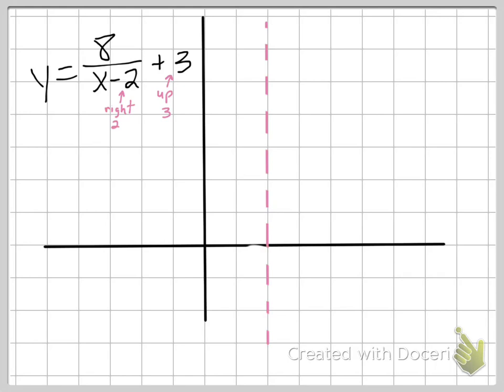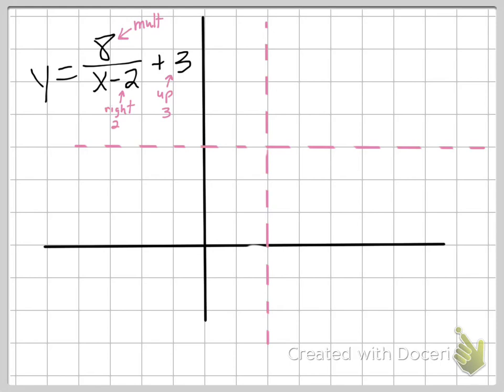Then I have the horizontal asymptote. Normally, it's on the x-axis, except it's moved up 3 this time. So here's my horizontal. Now I have my new pseudo origin here, and this is where I'm going to graph the rest of the graph from.